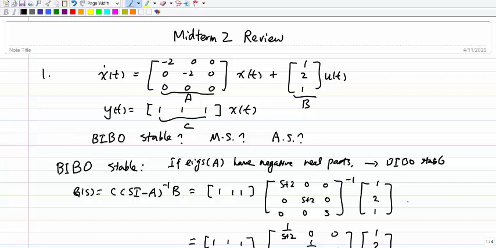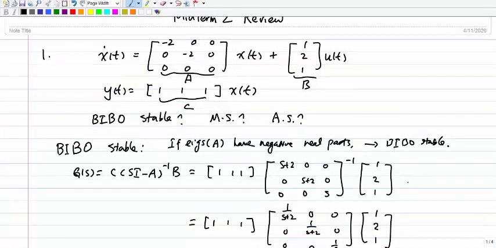Now in this case, because this is a diagonal matrix, the eigenvalues are just negative 2, negative 2, 0. Apparently one of the eigenvalues does not have negative real parts, so we cannot say directly from there. Of course, if one of the eigenvalues is positive, we can also not say anything because it could cancel out for the BIBO stable. So if that's not the case, we have to check this.